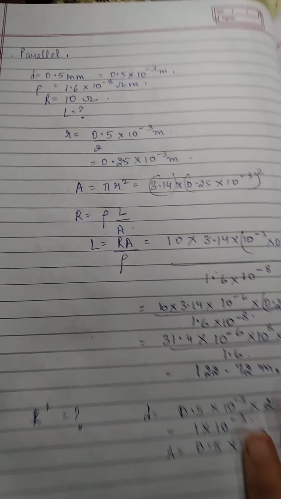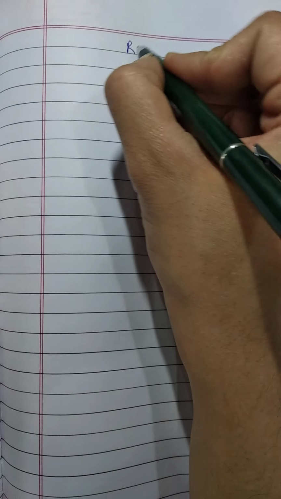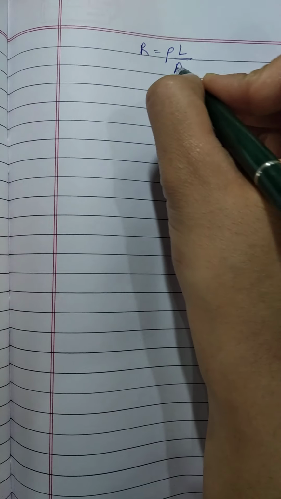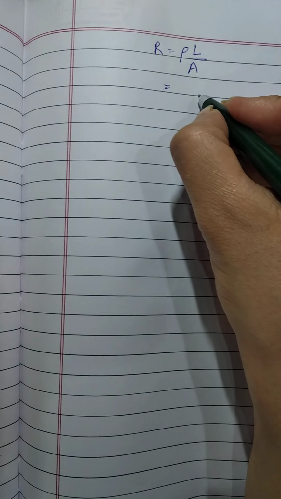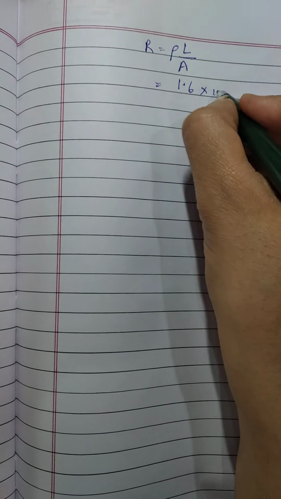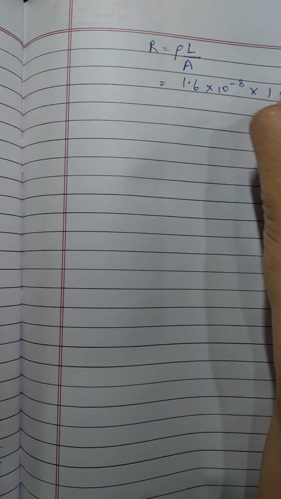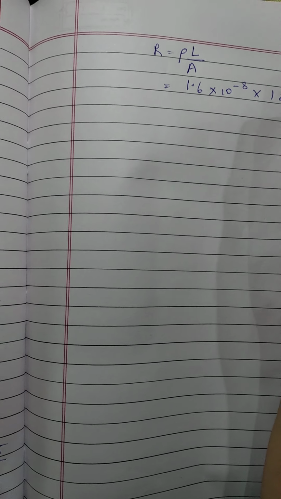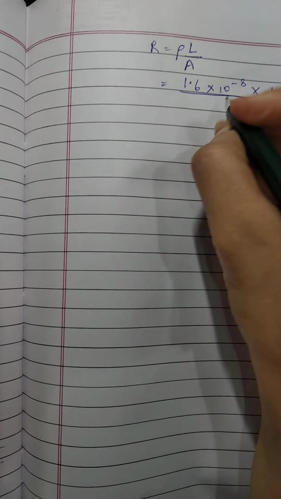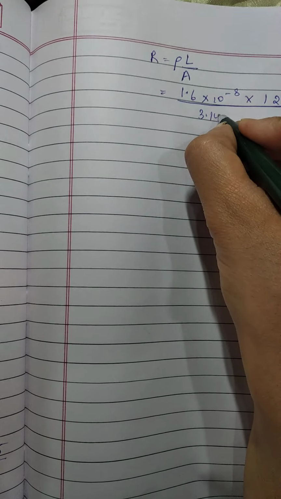So likewise we can calculate the resistance. Remember, R is equal to rho L upon A. Since the material is unchanged, rho value will remain same. L we have calculated, and area is pi r square.